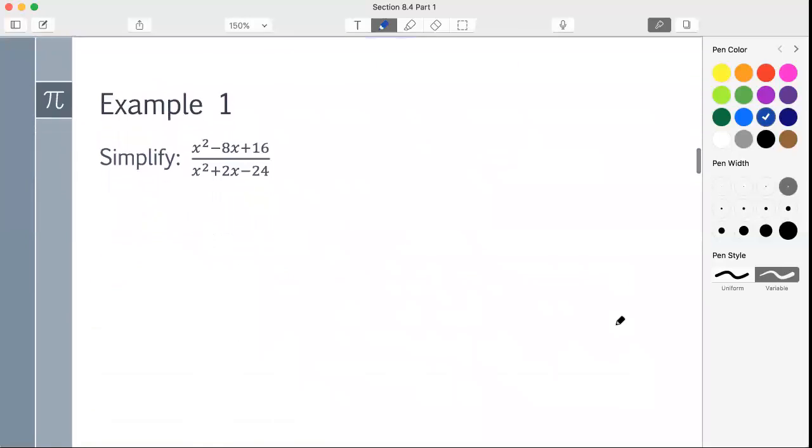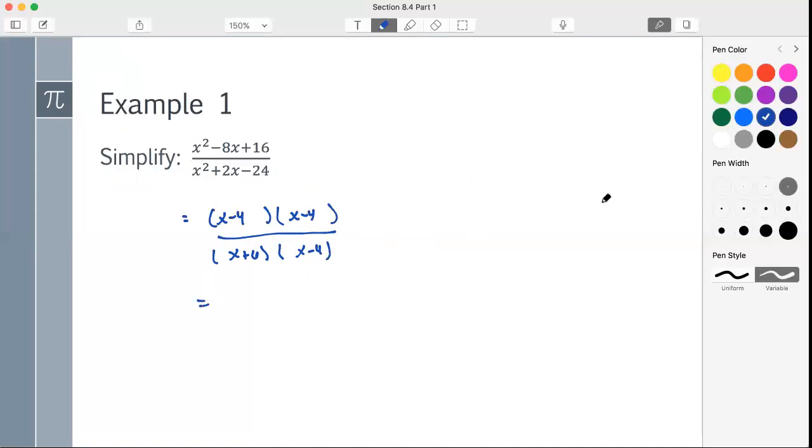So here's example 1, and we're going to simplify this expression. Now, step 1 in all of these problems, I want you to factor completely first. So the numerator becomes, in factored form, (x minus 4) times (x minus 4) over the denominator, which factors to (x plus 6) times (x minus 4).